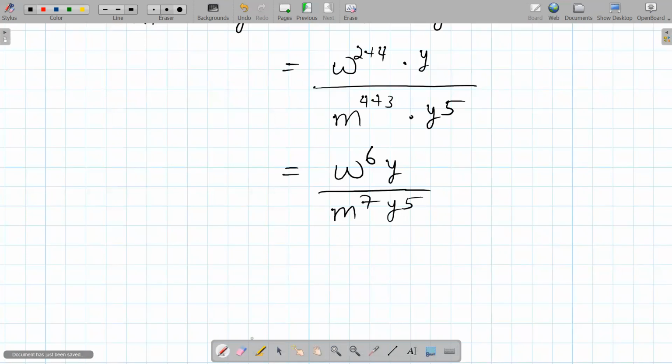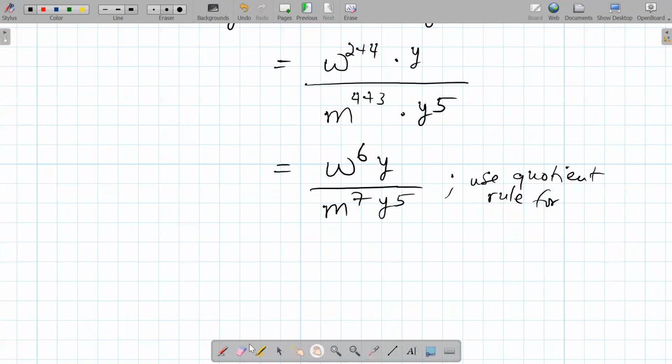So let me put it this way: use quotient rule for, that's to simplify the Y.